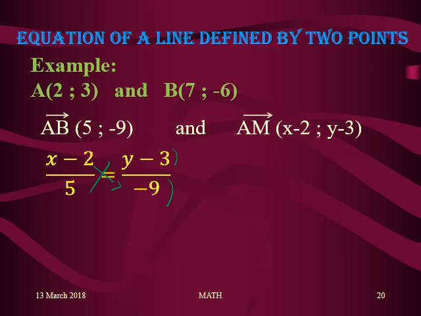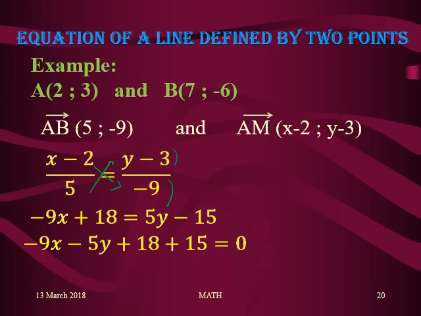Cross multiplication: minus 9x plus 18 equals 5y minus 15. Then minus 9x minus 5y plus 18 plus 15 equals 0. Add them: minus 9x minus 5y plus 33 equals 0.